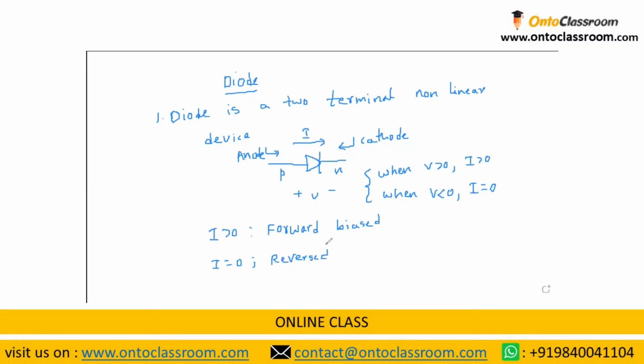Strictly speaking, these are the two regions of operation of a diode. Either the diode can operate in forward bias or in reverse bias. If current through the diode is greater than 0, it is forward biased. And if current through the diode is 0, then the diode is reverse biased. These are the points you have to understand about the diode.